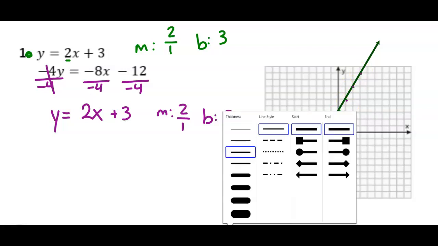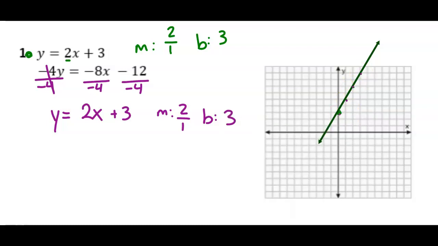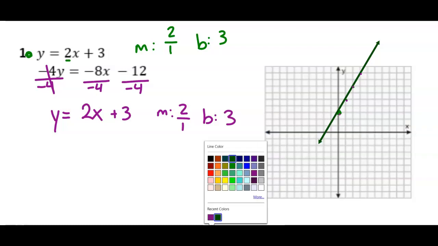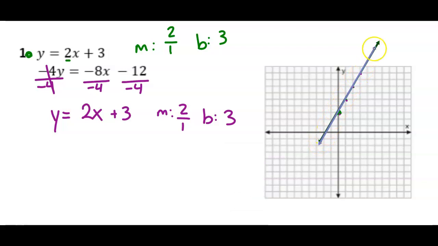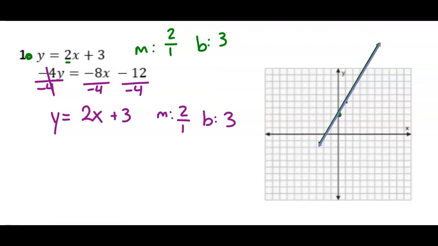And I know that when I go to my line, I can draw my second line. They're right on top of each other. Since that's true, what is my solution going to be?